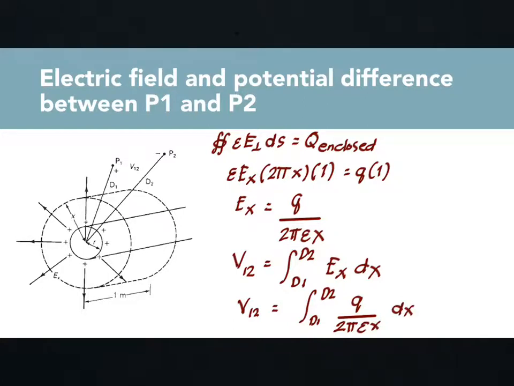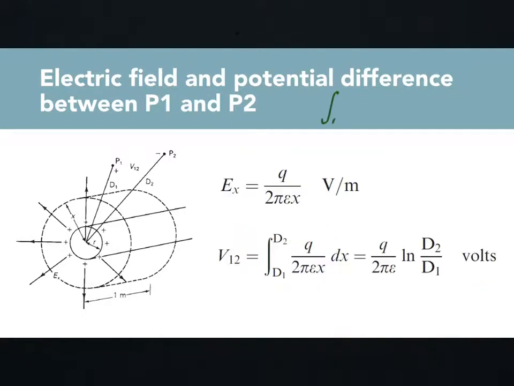Right? And then we take out the 2 pi epsilon, and we have dx over x. So, a simple integral here. Integrating 1 over x dx will simply be ln of x evaluated from D1 to D2, so that will be ln of D2 minus ln of D1.